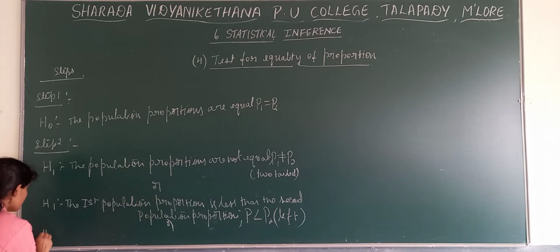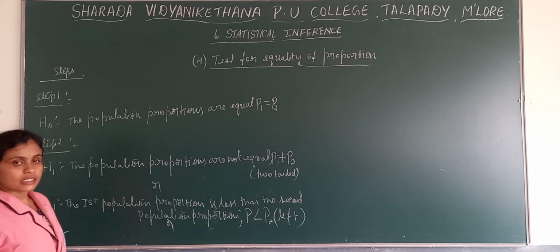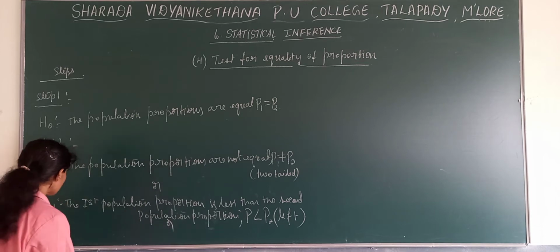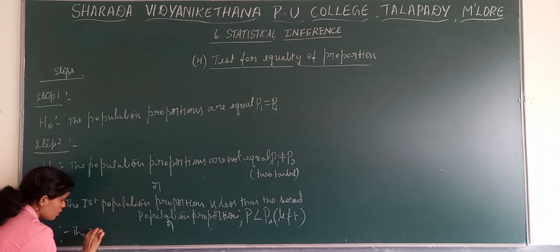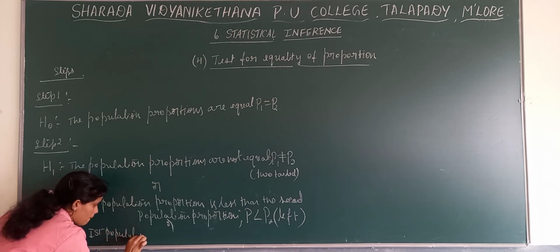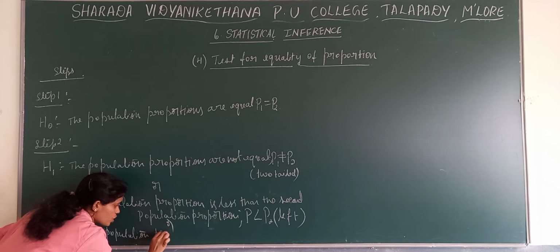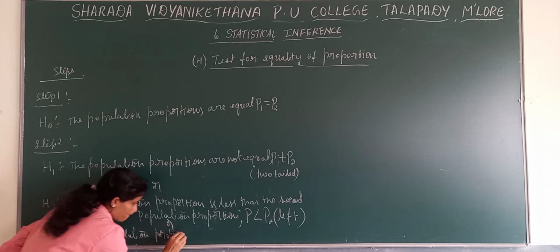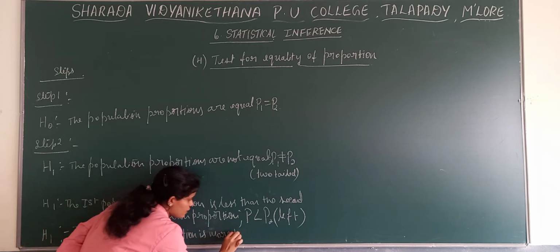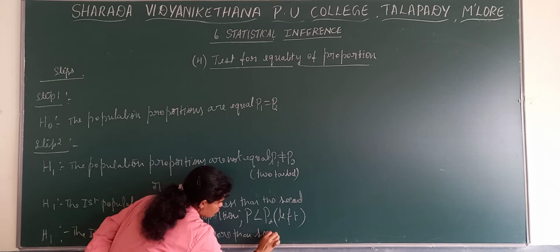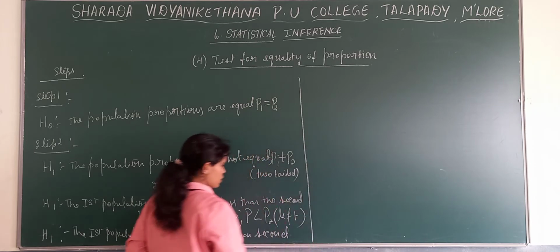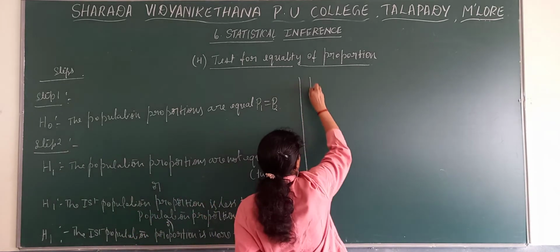That is if your test is right-tailed. Then we need to take the hypothesis as the first population proportion is more than the second population proportion.